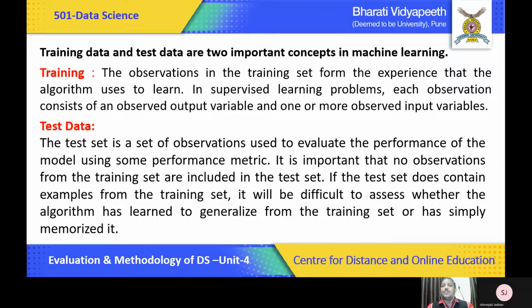The observations in the training set are the experiences that the algorithm uses to learn. We have already completed supervised learning and unsupervised learning, right? In supervised learning problems, each observation consists of an observed output variable and one or more observed input variables. We already covered this in the previous unit, when talking about machine learning and data mining concepts.